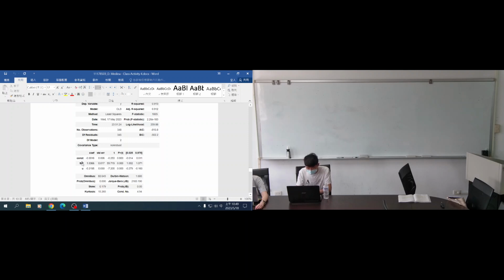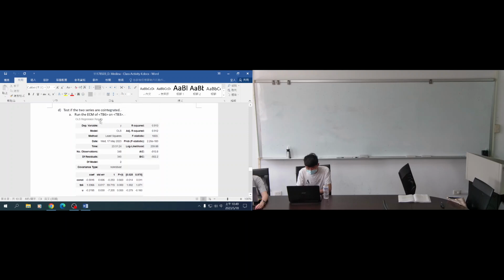What's the y variable? I think I ran the ECM: TB3 is the y variable, difference TB3, and this is difference TB6. I forgot to change the label, but this is the difference of TB6.